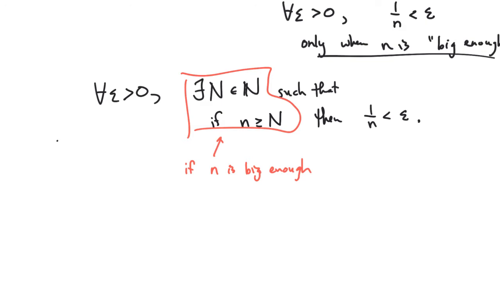And what you see inside the red box there is expressing exactly this idea of there being some kind of threshold, which we call the big N. And when the little n is bigger than that, then its values for 1 over n will be less than epsilon. All right? So this right here is the definition. Well, almost. This is what it means just that 1 over n converges to 0.